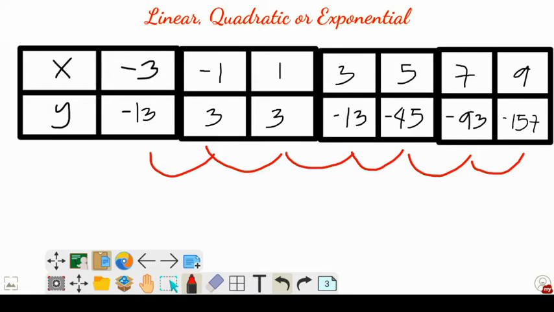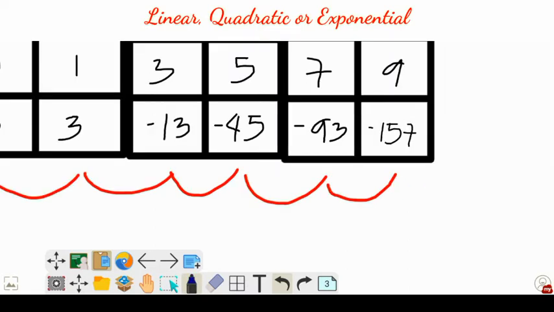Negative 157 minus 93 is equivalent to negative 64. Negative 93 minus negative 45 is equivalent to negative 48. Negative 45 minus negative 13 is equivalent to negative 32.